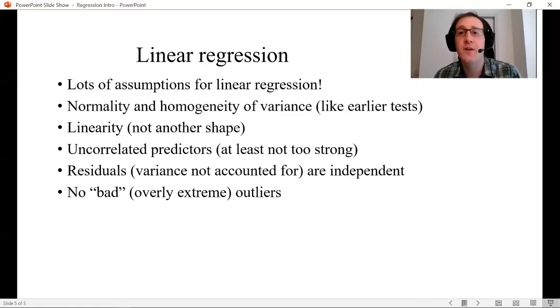So there are a lot of assumptions of linear regression. With most of the data that you're ever going to run, at least one of these assumptions is going to be violated at least a little bit. That's not necessarily a terrible thing. It's just something that you want to understand with your data.